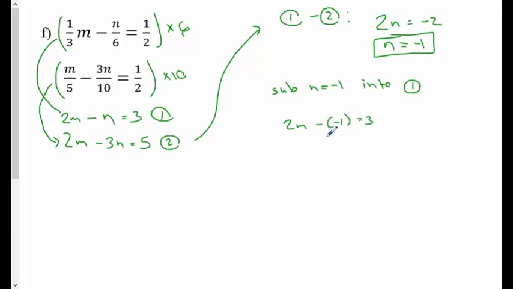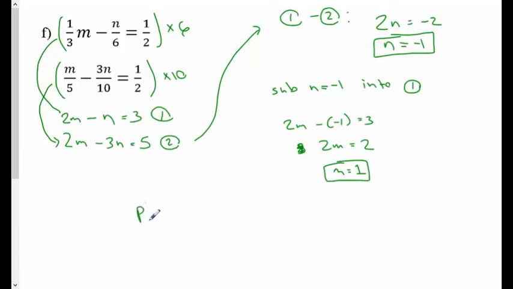But when I move it over to the other side, it'll become minus 1. So 3 minus 1, oops, 2m equals 2. So m is 1. So that one worked out pretty nicely.